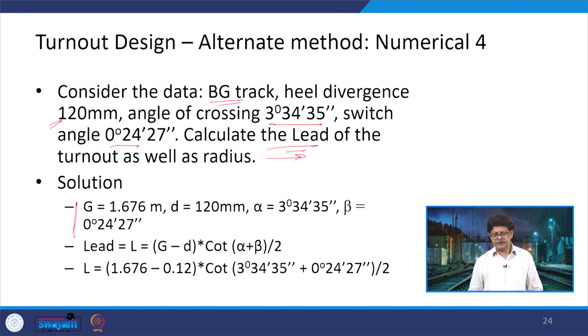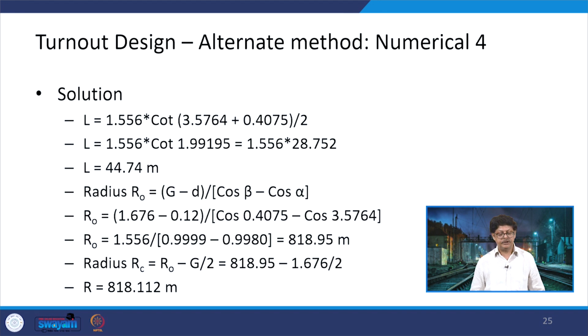We have first of all written what is given to us. Then the lead is G minus D into cot of alpha plus beta by 2. So, G is 1.676, D is 0.12, and alpha and beta values have been placed here. When we place all of these values, we get L as 44.74 meters. Similarly, for calculating R naught, the equation is G minus D divided by cos of beta minus cos of alpha.